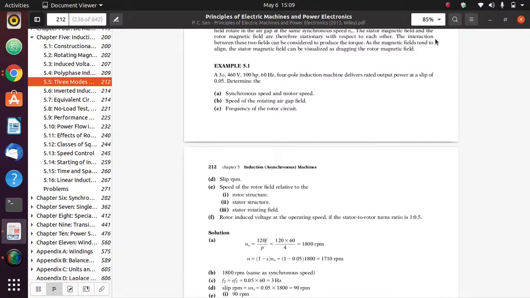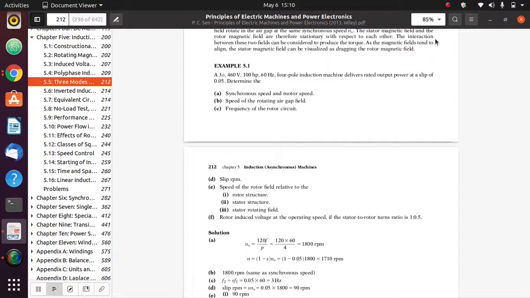So synchronous speed, how do we determine the synchronous speed? Ns will be given by 120 times F1 divided by the number of poles. We have stator frequency, which is 60 hertz.